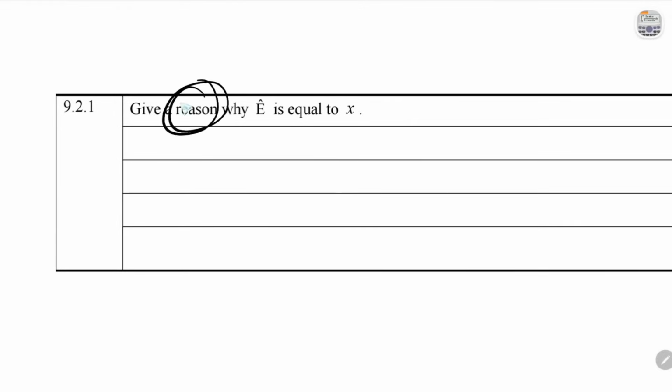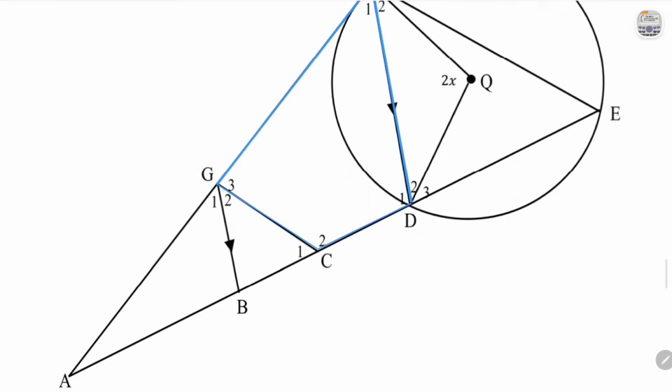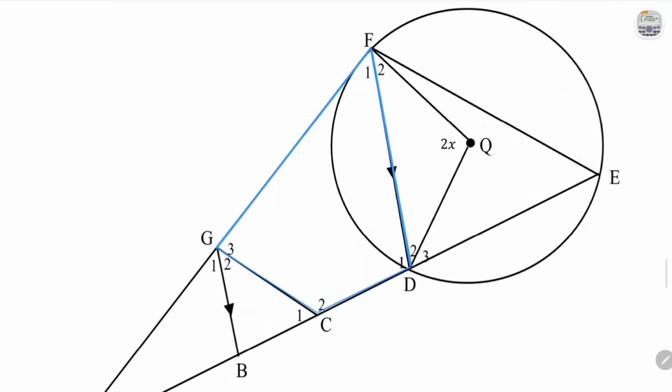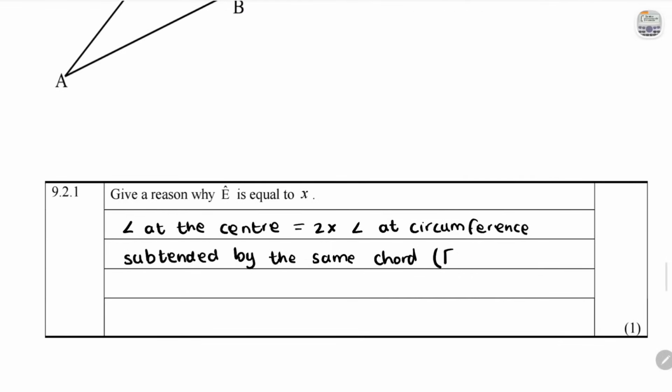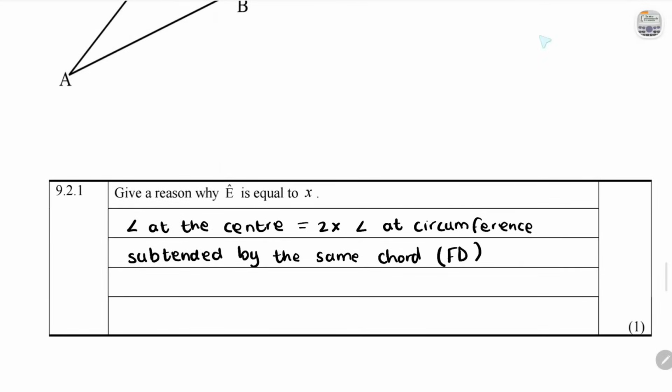They ask for a reason, so we can just tell them: the angle at the center is twice the angle at the circumference supported by the same chord, and that chord is FD. So that angle would be X. Moving on to the next question.